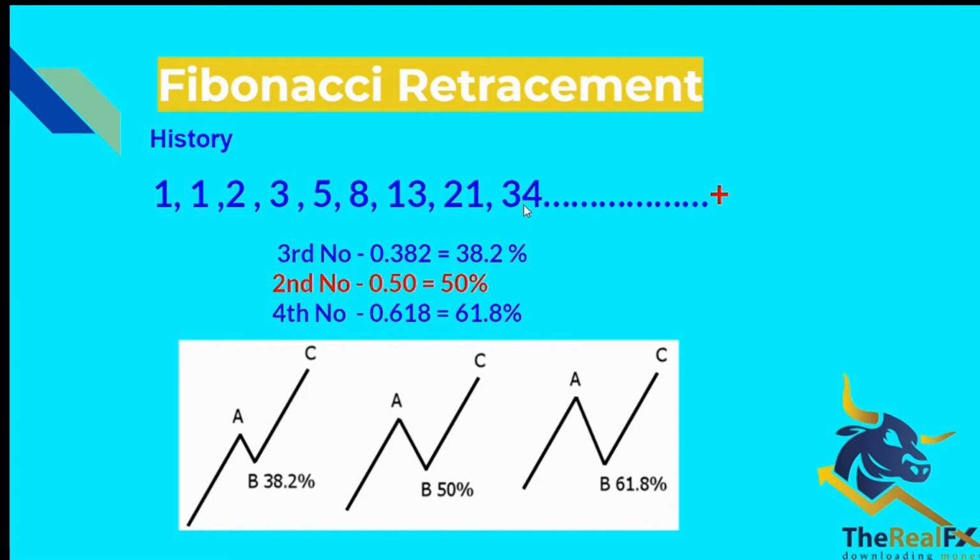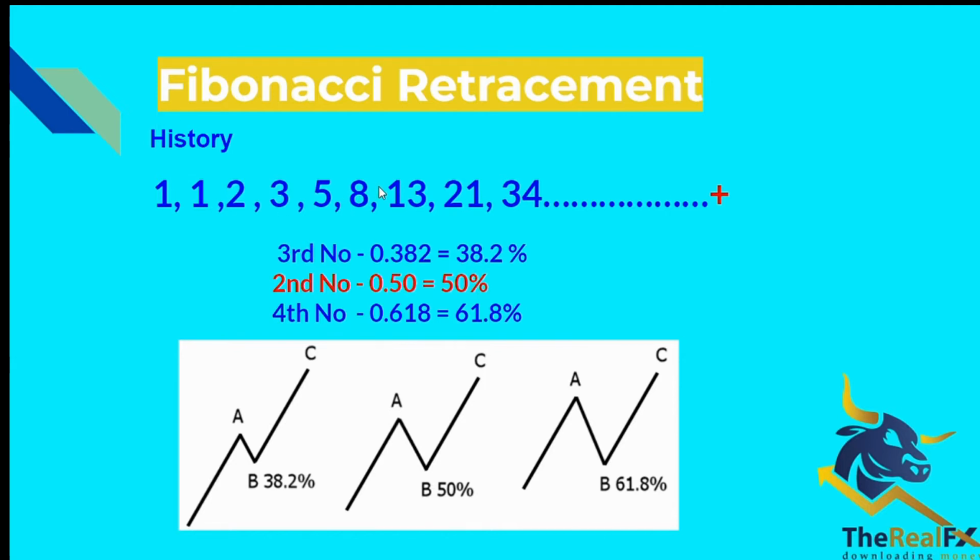However, these are really not Fibonacci levels. The ratios that you get when you divide these numbers, that's what gives you the Fibonacci levels. Alright, and the most important Fibonacci levels are 38.2, 50%, and 61.8%. And how do you come about these numbers? Let me just give you one example. 1 divided by 2 gives you 50%.